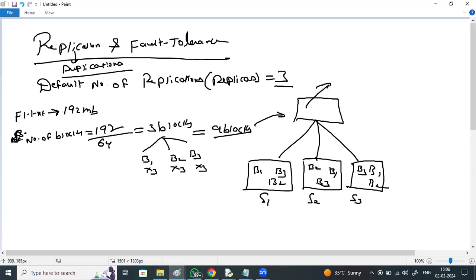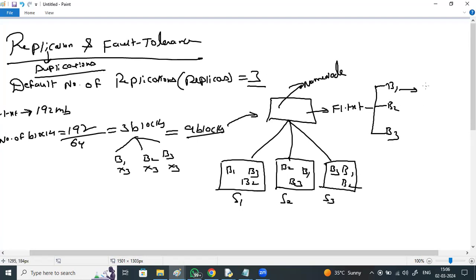Yes, this is the name node. F1.txt is divided into B1, B2, B3.